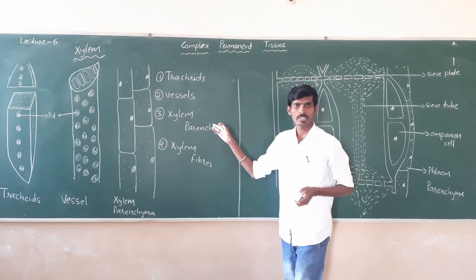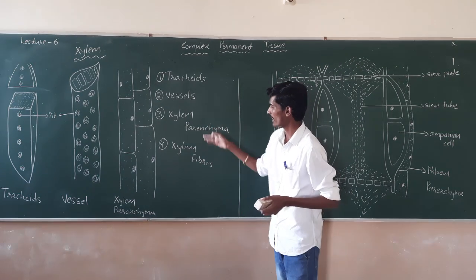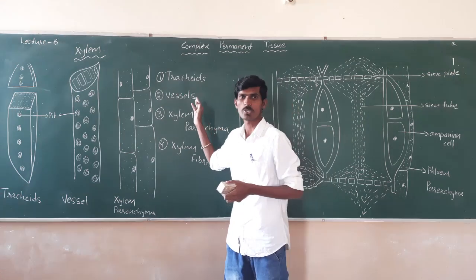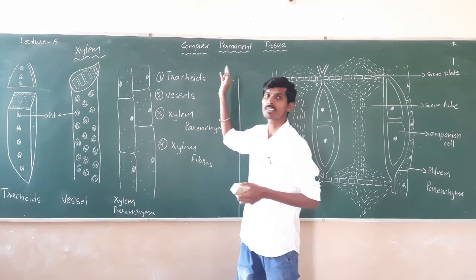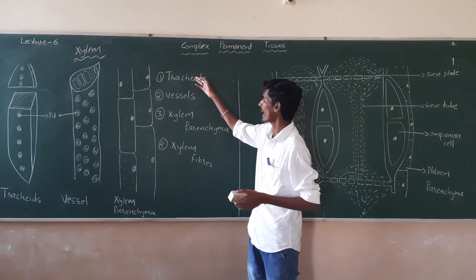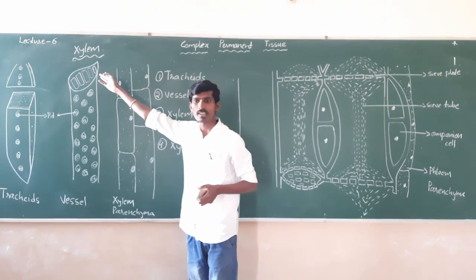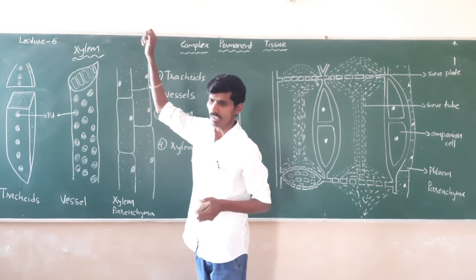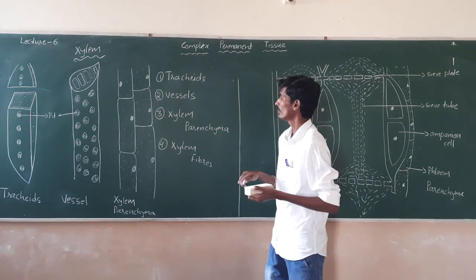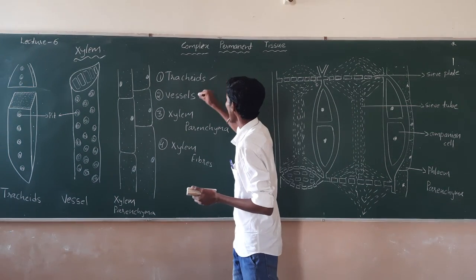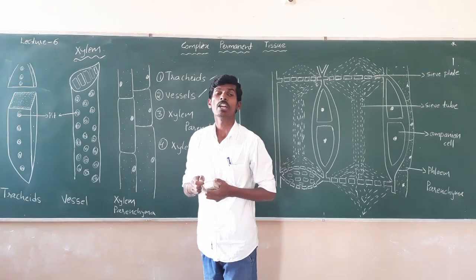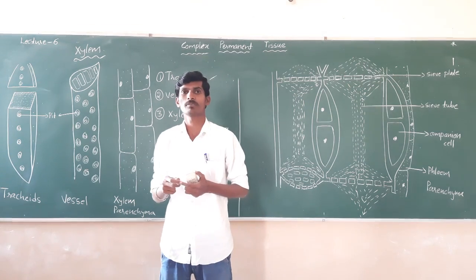Xylem parenchyma is living, and tracheids, vessels and xylem fibers are the dead tissues. These cell walls are thick, and the tracheids and vessels are tubular in structure.